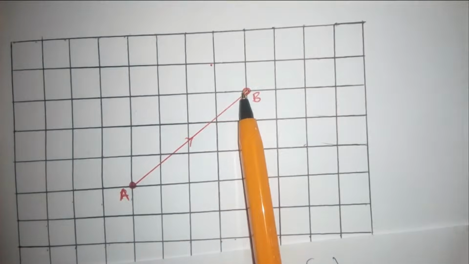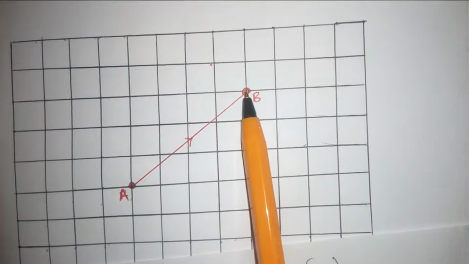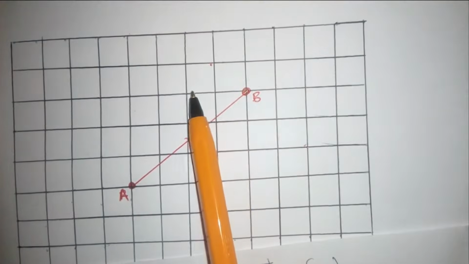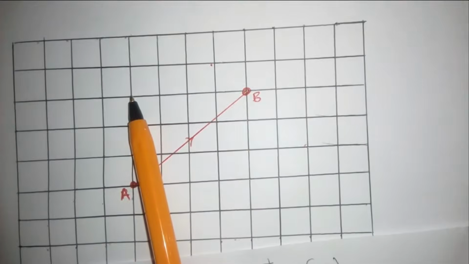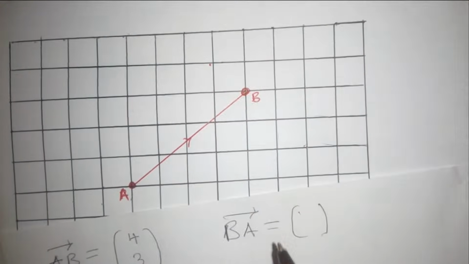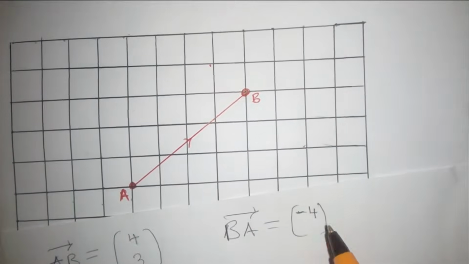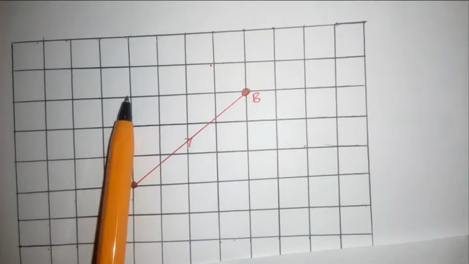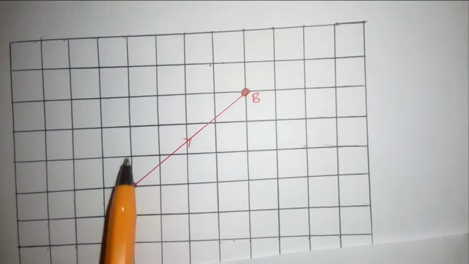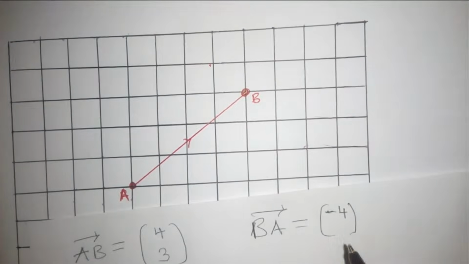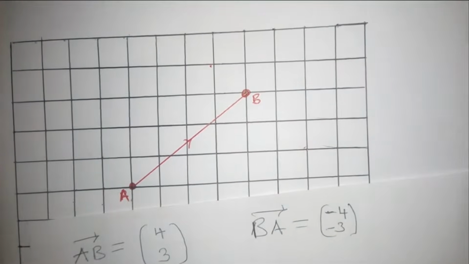Now which direction are we going? We are going to the left side, meaning the number we get will have a negative on it. So it's -4. And then down from here we go down 0, 1, 2, 3. This is also -3 because we are going downwards.